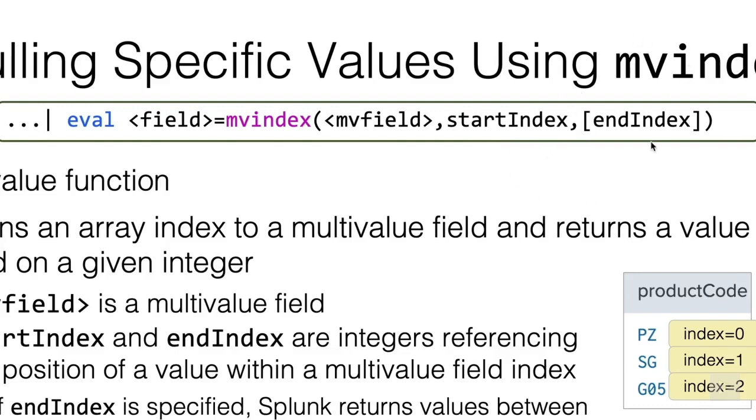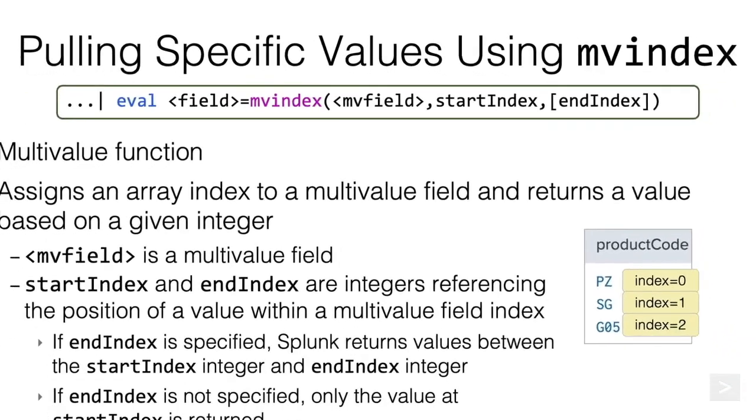If there is no end index provided, only the value from that start index is returned. If the end index is specified, Splunk will return values between the start index and end index integer.